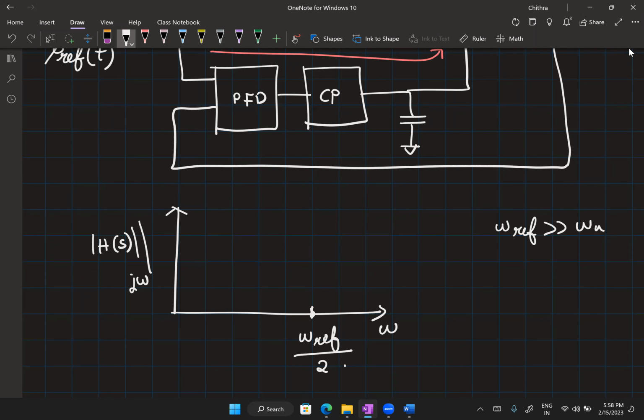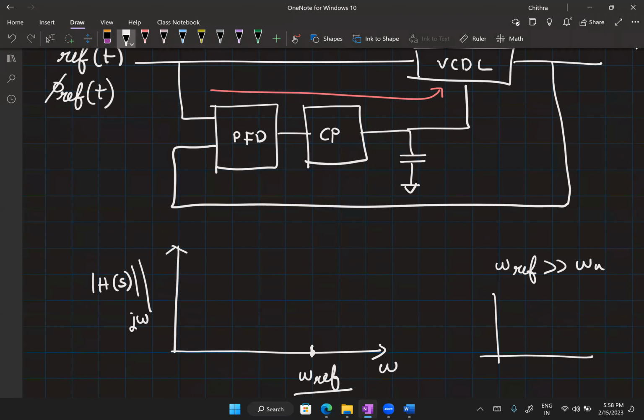So this is not just about the regions of frequency where you have very high loop gain, right? It's about knowing the full loop dynamics. For example, we know that if I inject a noise at the PFD, it has a low pass transfer function. So if the noise is getting injected beyond omega u, it is going to see some attenuation.